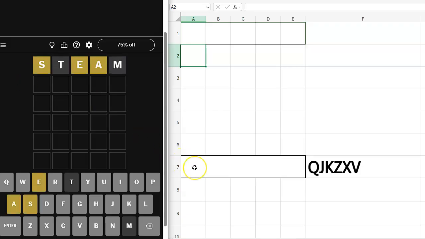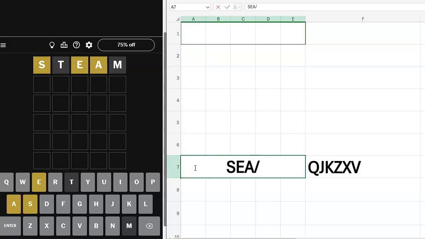Ooh, nice. So we have got some stuff. We've got S, E, A. We have got maybe R, L, N as common letters, other vowels I, O, U, and sometimes Y. I'm going to leave off the Y because we've already got 2 vowels, and I want to try the E back here, right?